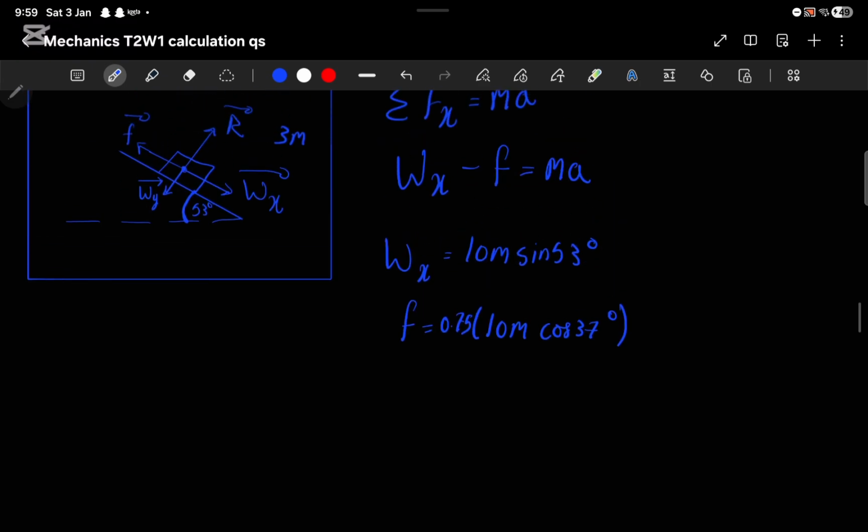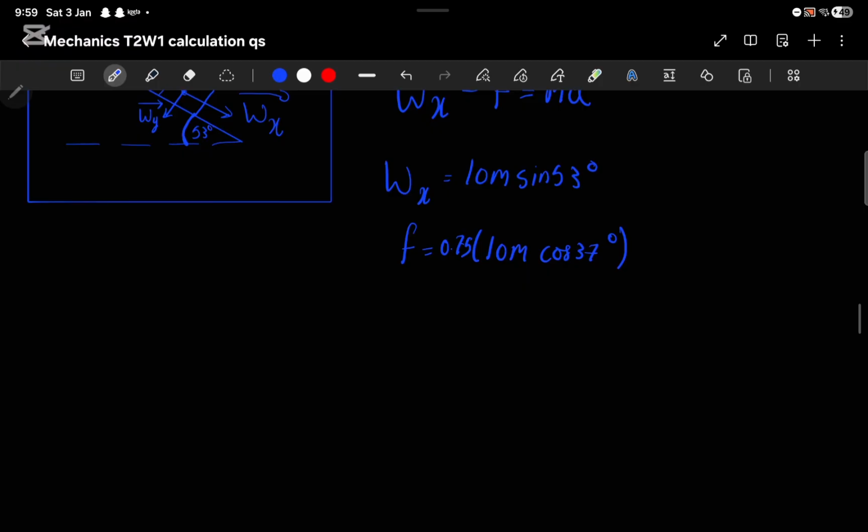Okay, now, Wx is this, so we're going to subtract the two. 10m sine 53 degrees minus 0.75 into 10m cosine 37 degrees equals to ma.